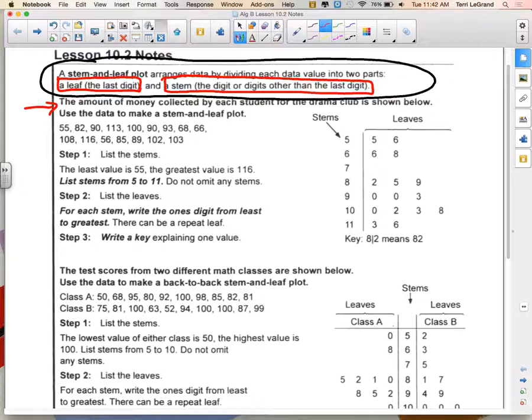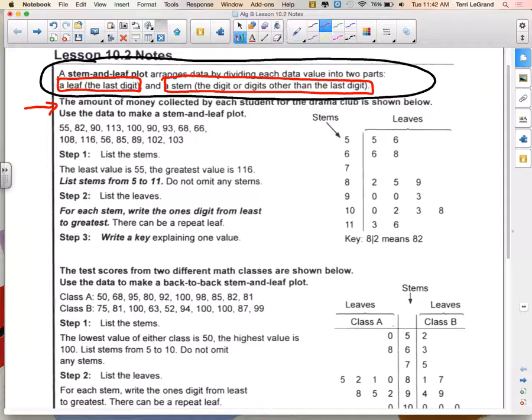Another student collected, how much is that? Josh? Another student collected $66, okay? Another student collected how much? Isaac?